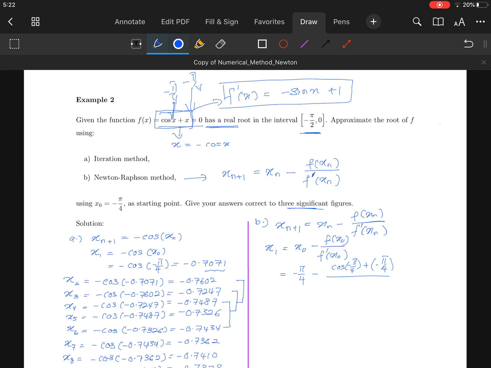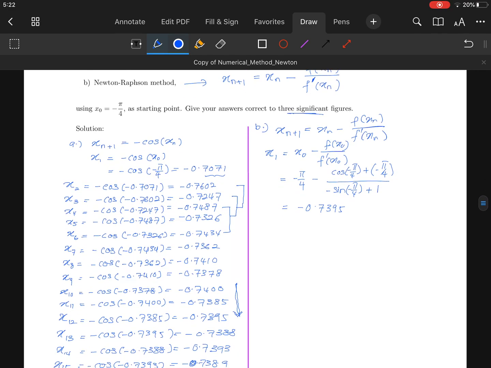How about f prime(x0), which is given by negative sin of negative pi over 4 plus 1. If you calculate this correctly, you will get negative 0.7395.